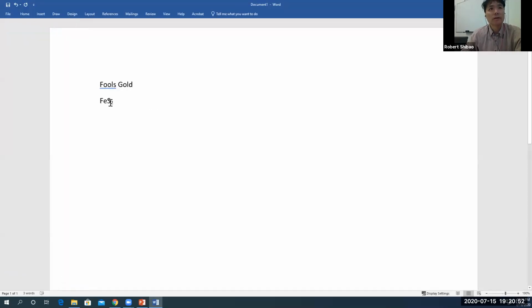Fool's gold, FeS2. What's the normal charge on sulfur? The normal charge on sulfur is 2-. But then there comes a problem with this here. This is S2-, this is S2-.